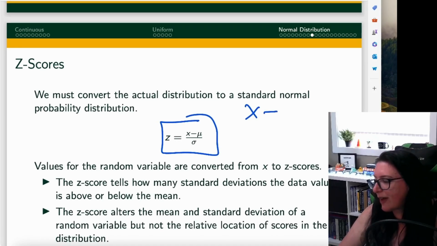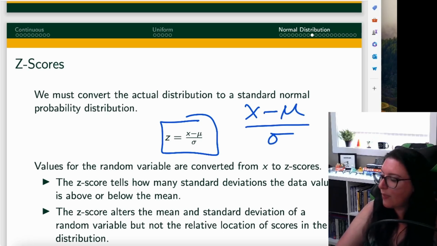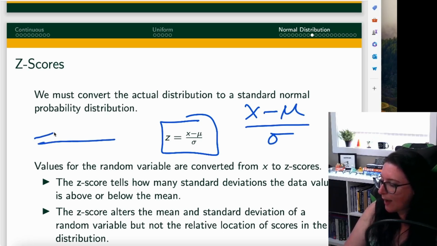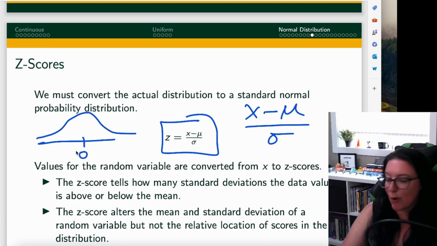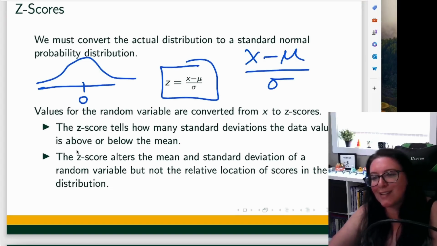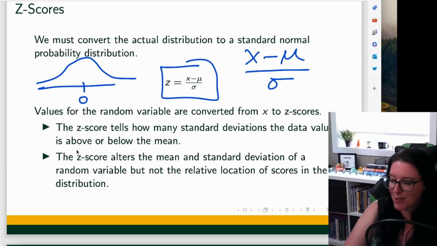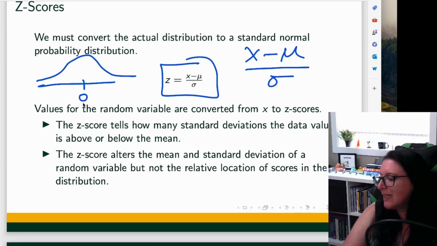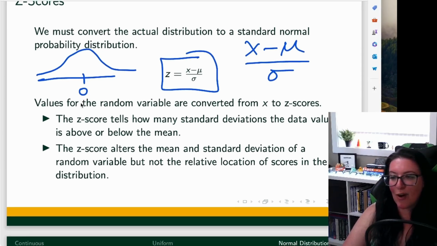We take our value of x, we subtract the expected value or average, and we divide by the standard deviation. This will convert us to a standard normal distribution that is centered around 0. So we're just making an adjustment. Essentially, you're moving your x over by taking out the average so that you're at this 0 point, and then adjusting it for how far away you are from the average, so we have that standard deviation.